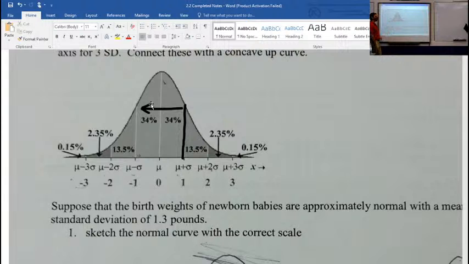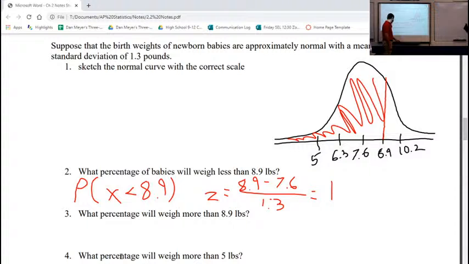So 68 and 16 is going to be 84. Is that right? Did I add correctly? Okay. So we add up all the area that's to the left of this, and we're going to get 84. So this is 0.84. So 84%.